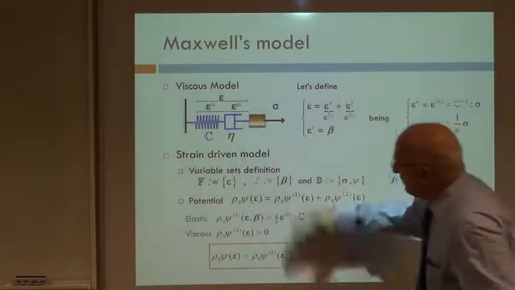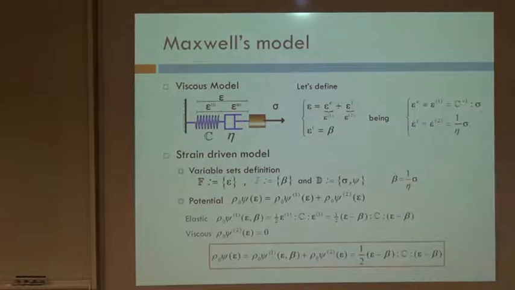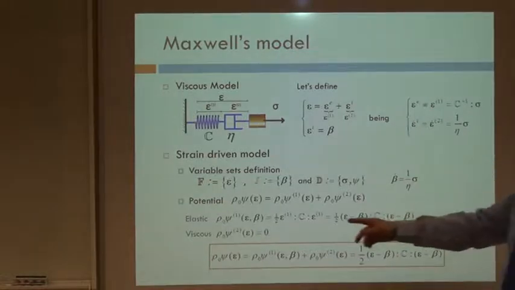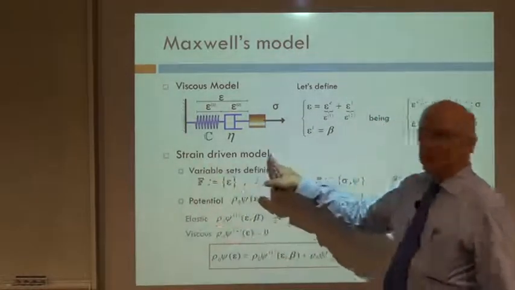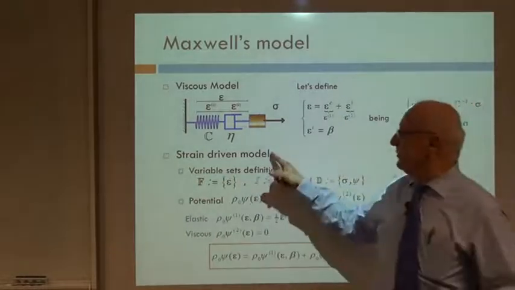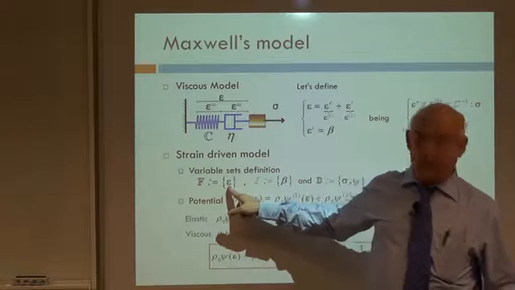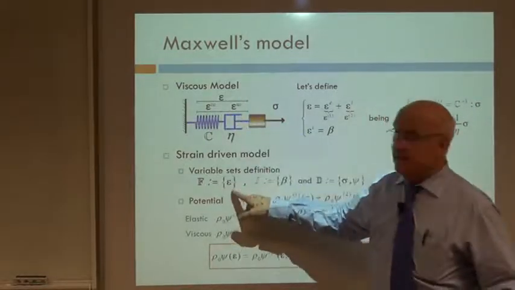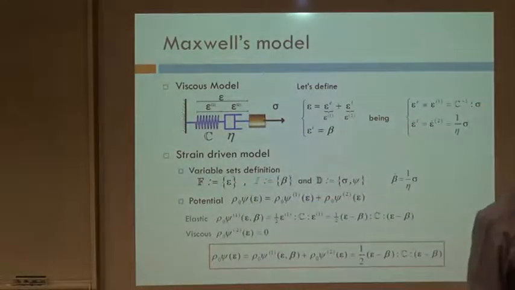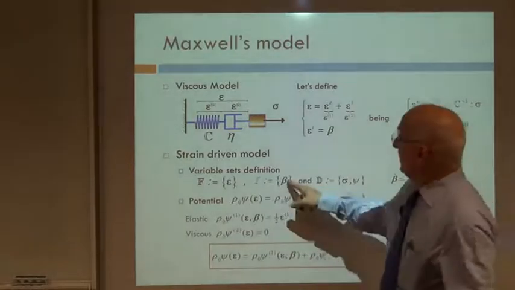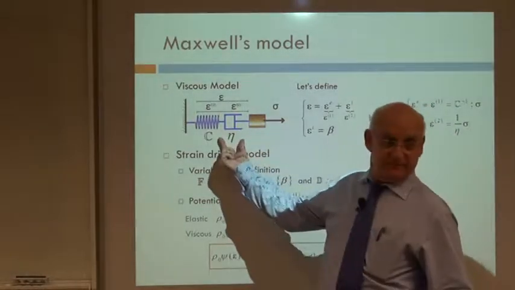Okay, let's now formulate the model in the framework we saw before. Let's do first a strain-driven model. As I said, in a strain-driven model I know that the free variables are the strains. So I consider the total strain as the free variable. Then I consider the internal variable beta.